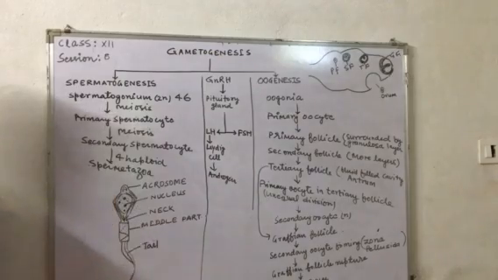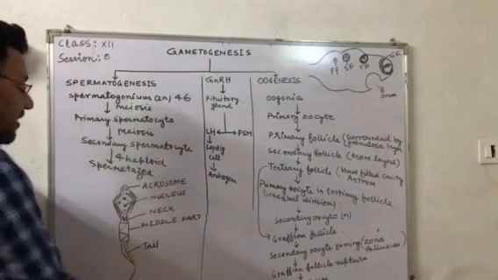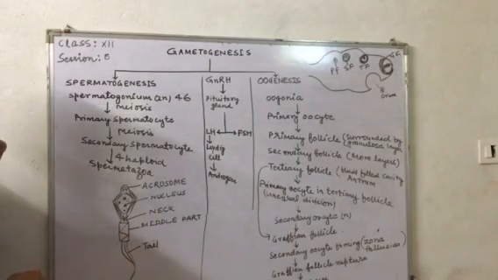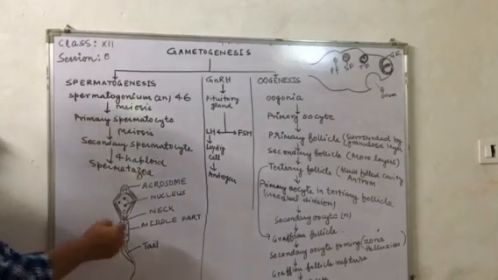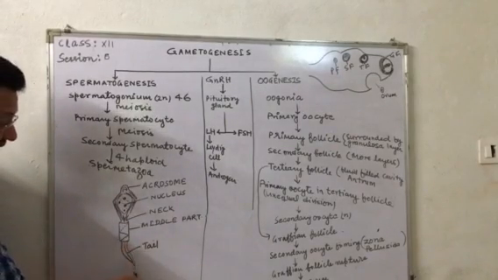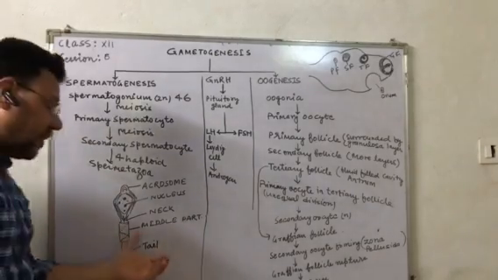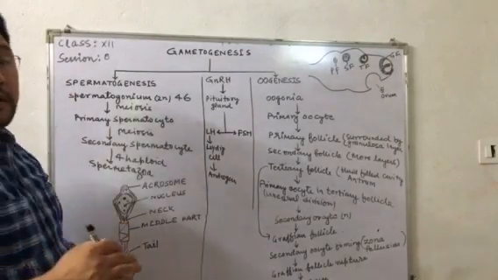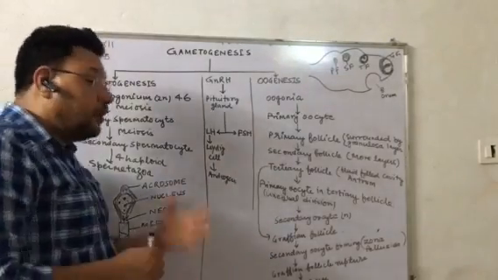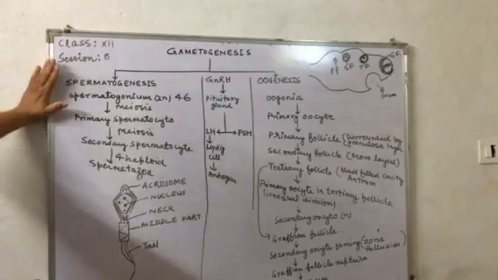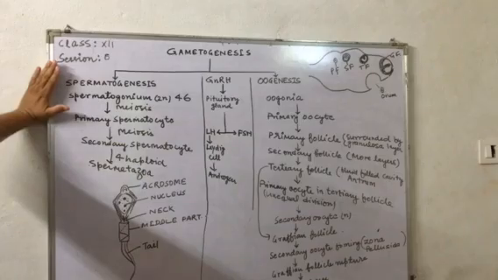This middle part consists of a lot of mitochondria, and it finally terminates into a tail. The presence of a large quantity of mitochondria facilitates more active locomotion of this sperm. So this was about the process of spermatogenesis.